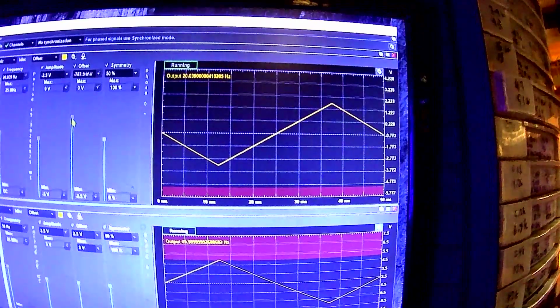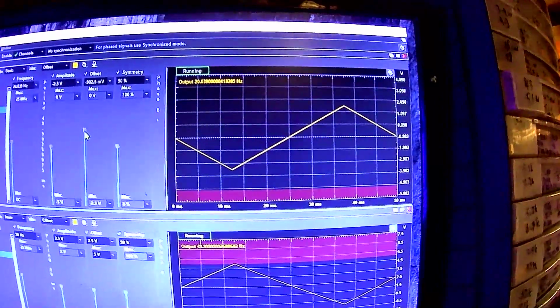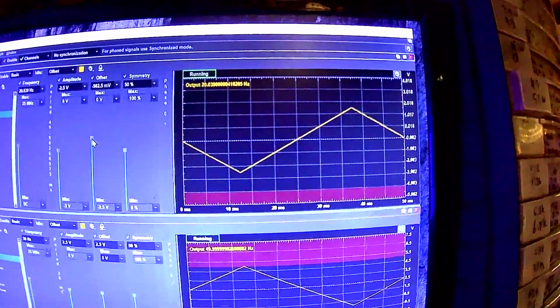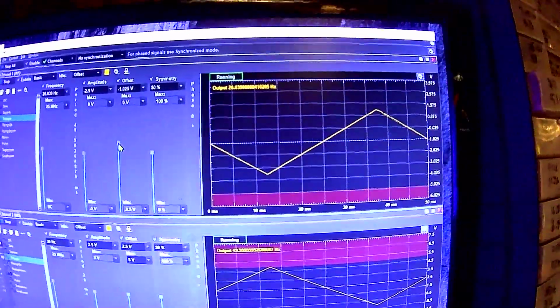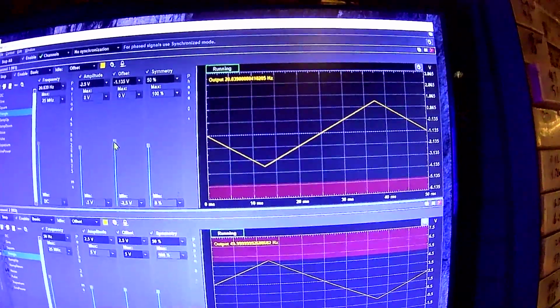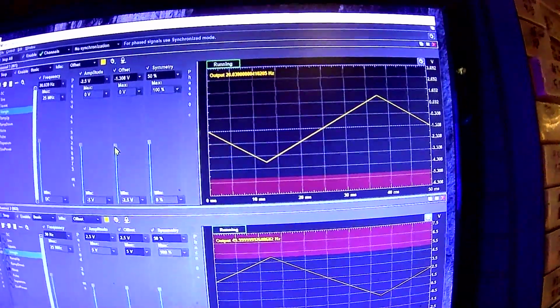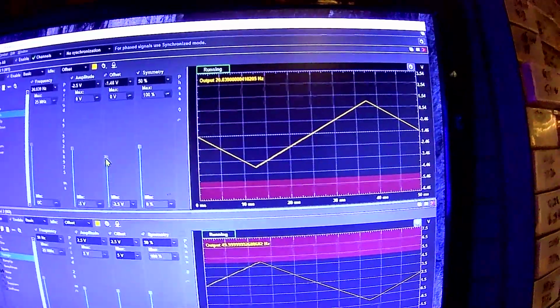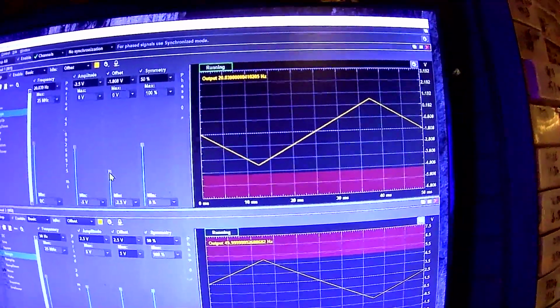But you can see how the thing scales as I adjust that offset voltage, so you can see where it's going negative. Because it's still positive right now at the peak of that triangle. Again, this thing should work differently.